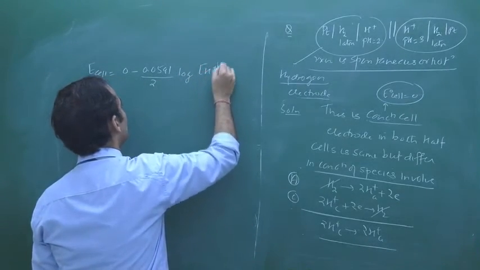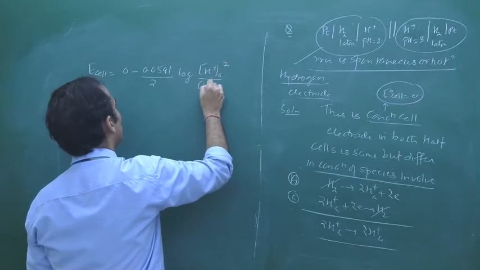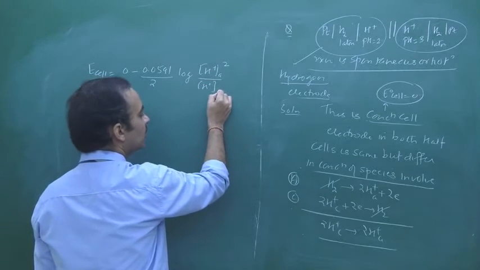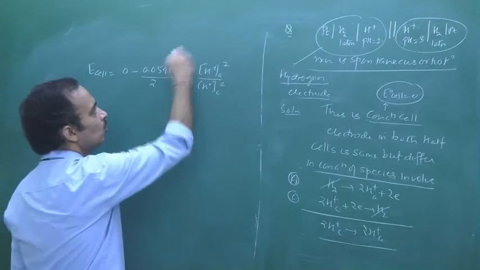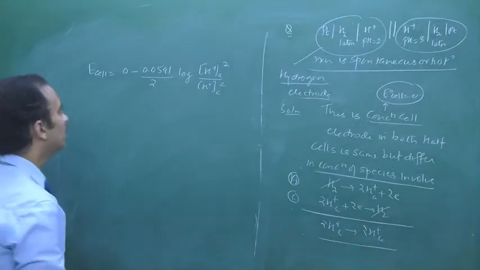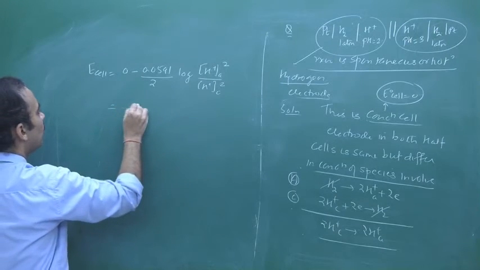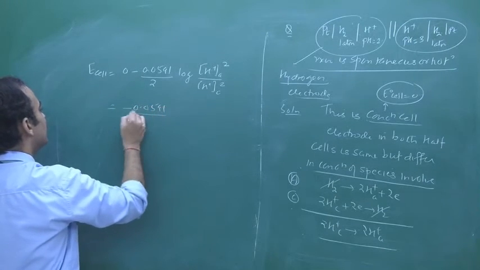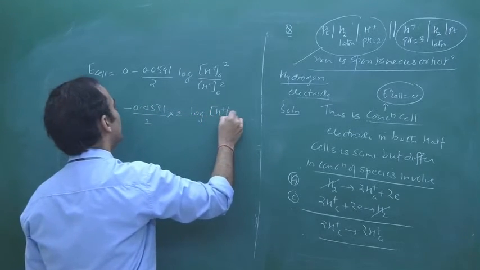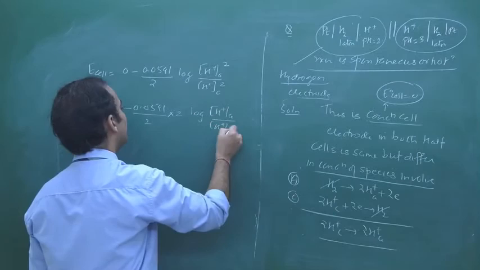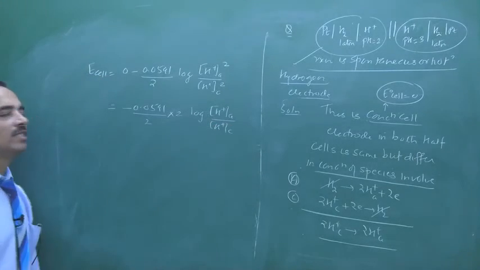Concentration of H positive in anode raised to power 2 upon concentration of H positive in cathode raised to power 2. Let us take this 2 out of the log, so we get log of H positive in anode upon H positive in cathode. Is it clear?